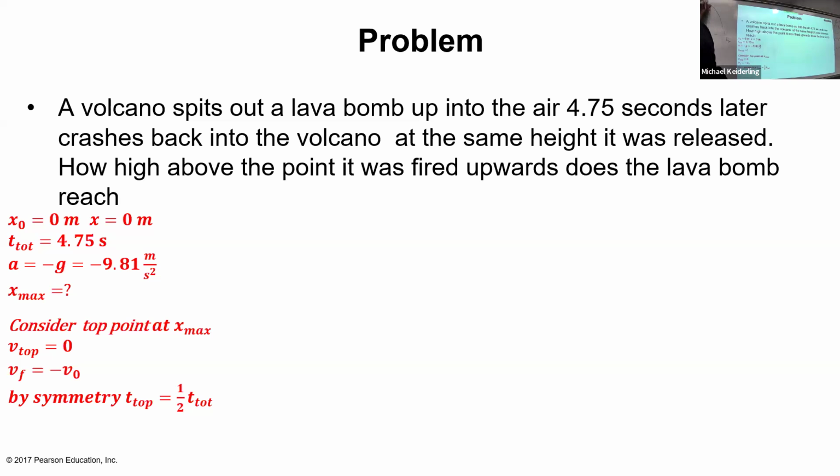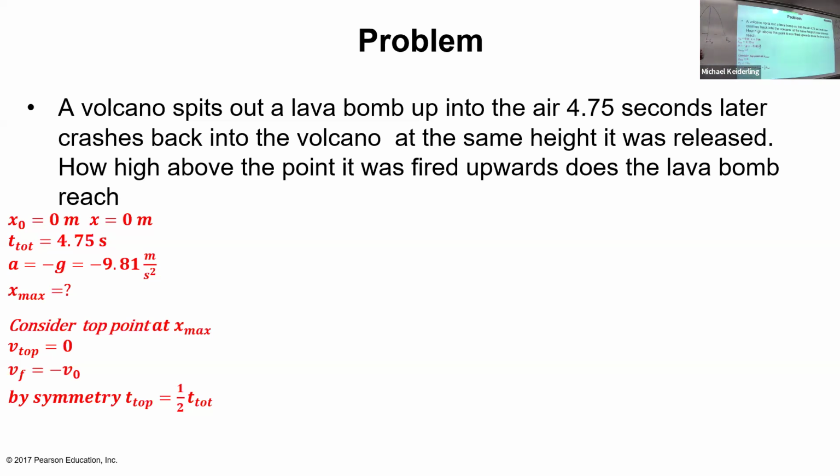So now we want to figure out this distance. We could look at the way up, but the distance on the way up and the distance on the way down are the same. So let's just work with the distance on the way down from the top, the second half, where the lava bomb is falling from the top until it hits the ground.